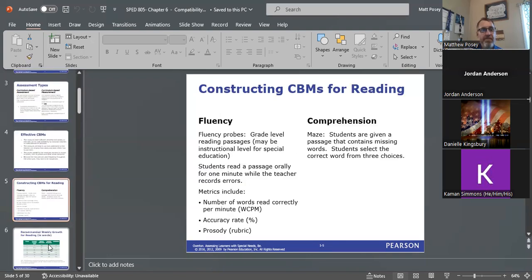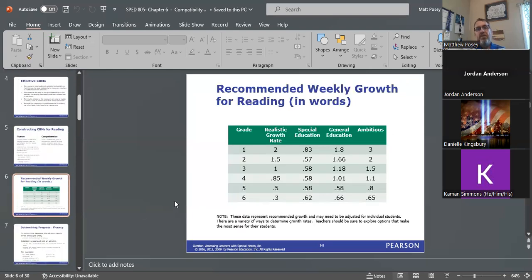Scroll on down here. So I think earlier on, maybe in week 2 or 3, I might have pulled this up just to give you an idea on some growth charts. For weekly growth in reading, and this is growth in words, okay?